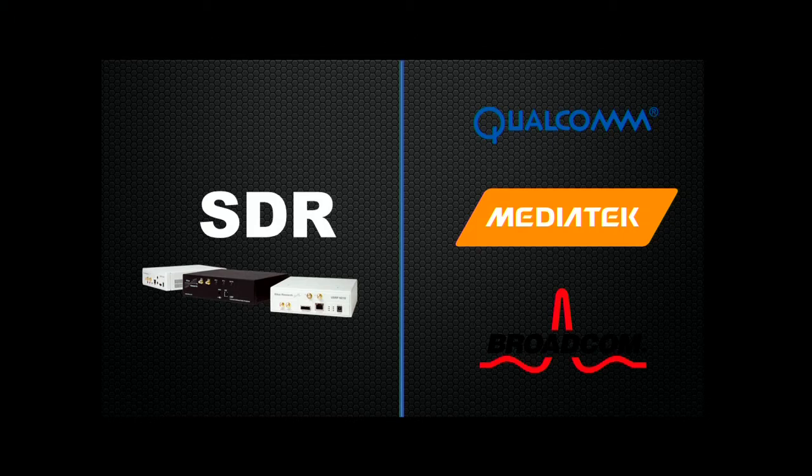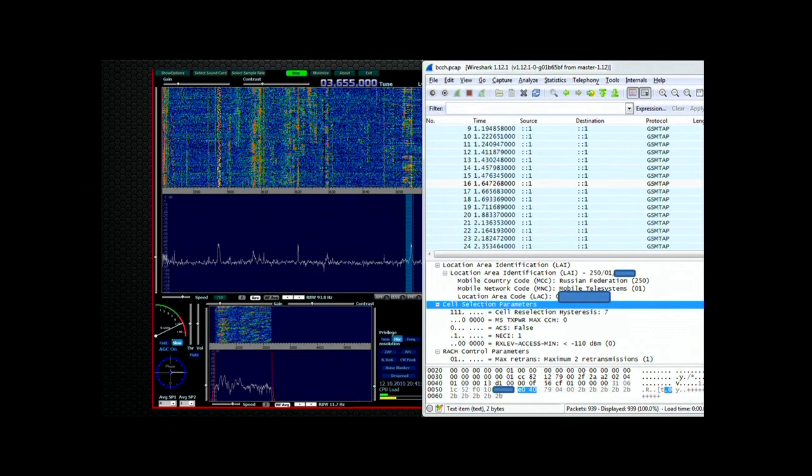Another option is to use baseband processors. Here I show the most popular suppliers. If we use SDR, what is the outcome? The outcome will be a spectrum and broadband channel.